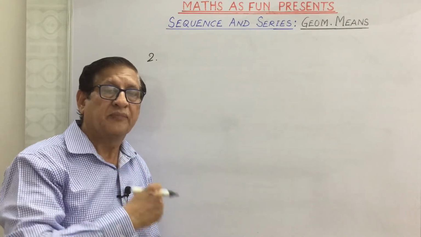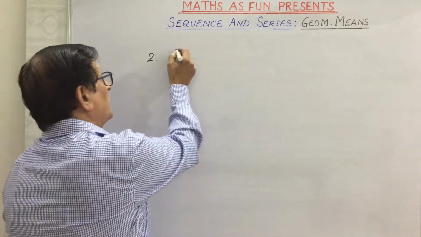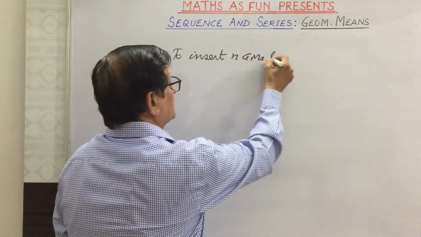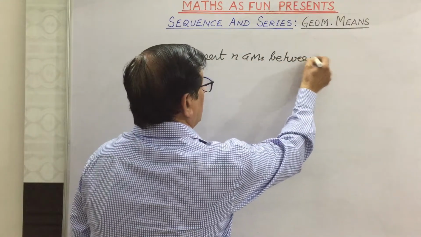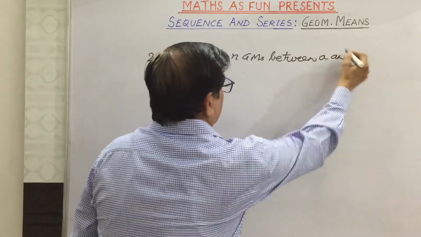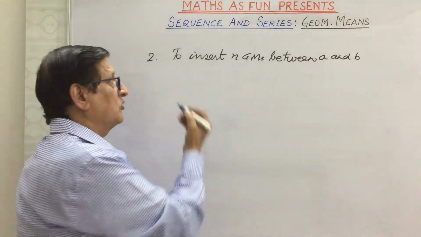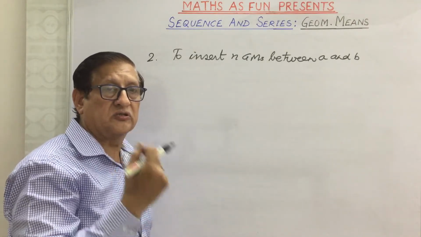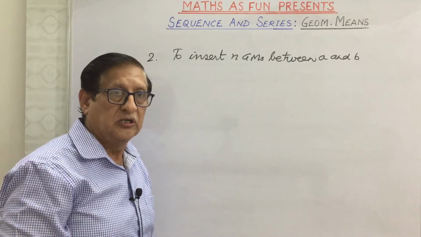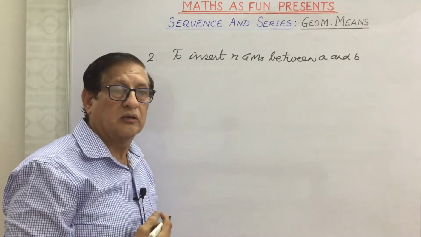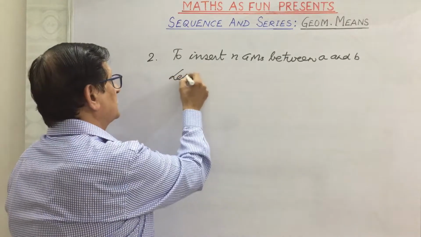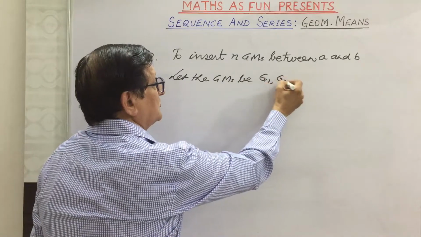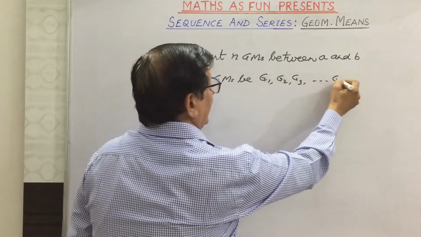So we are inserting n geometric means between A and B. As we have learnt that we represent the geometric mean by capital G, we will take these also by capital G. So let the geometric means be G1, G2, G3 and Gn.